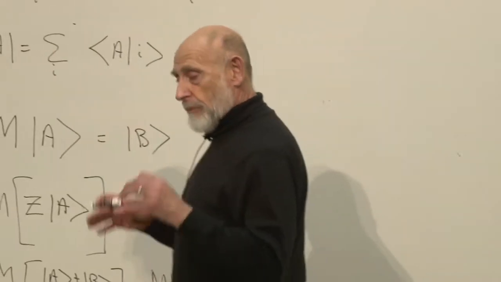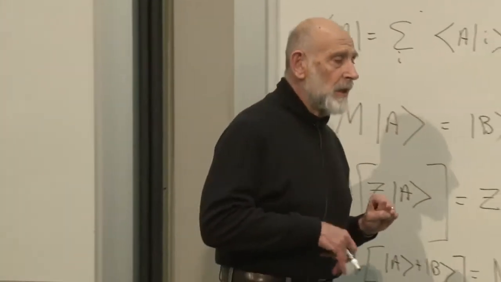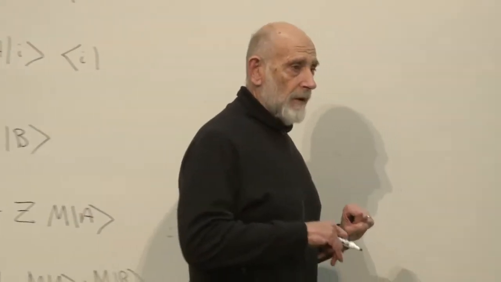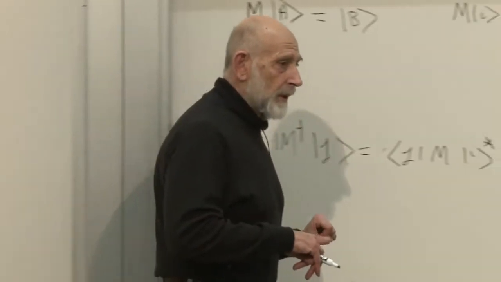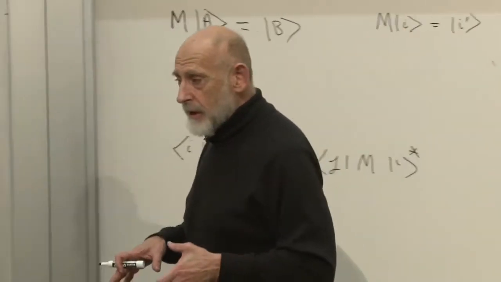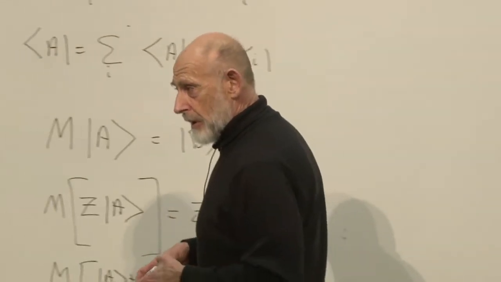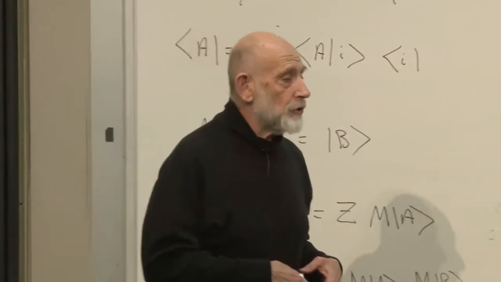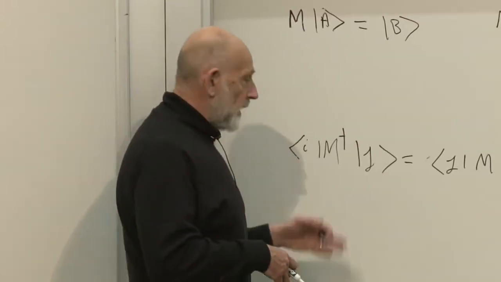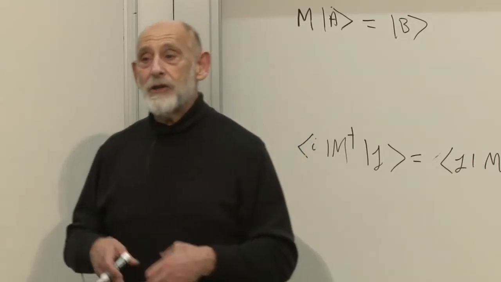If I write that z is equal to z star, you jump up and say, that is a real number. There's a corresponding notion for operators: an operator which is its own Hermitian conjugate. That means you interchange and complex conjugate and you get back the same thing. That is called Hermitian.